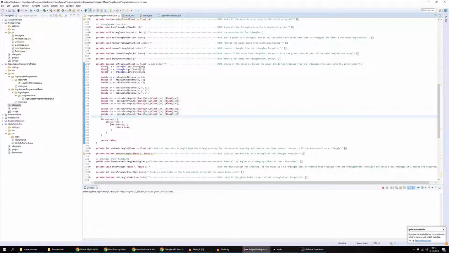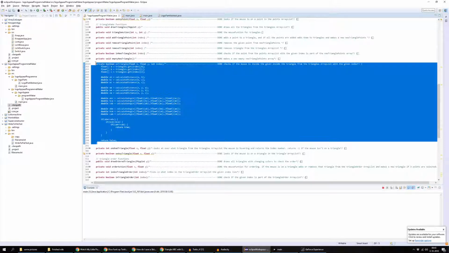And then if CAM is smaller than CAB, we can finally do the thing that would happen if we are in fact inside the triangle. Thank God, we have found it. This is the code that I used to find out if I am in fact inside a triangle where I know the 3 points of that triangle.